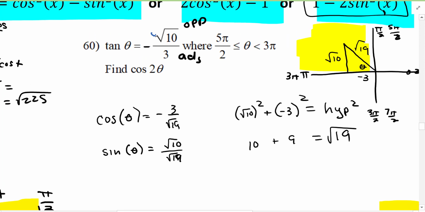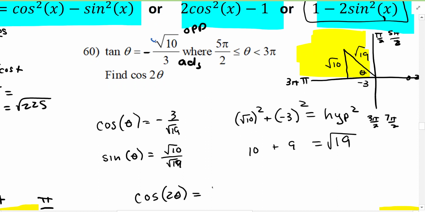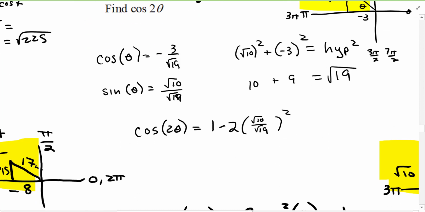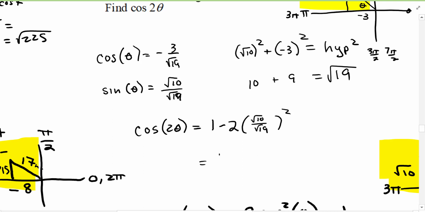So I'm going to plug it in now. So cosine 2 theta is equal to 1 minus 2 times sine squared. Well, sine is root 10 over root 19. So then we have 1 subtract 2 times 10 over 19, which is equal to 1 subtract 20 over 19.